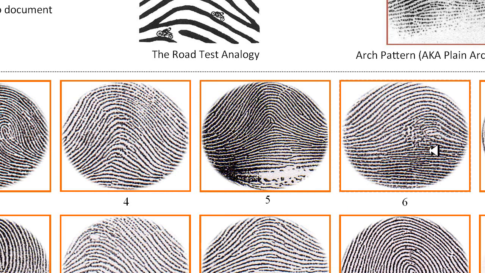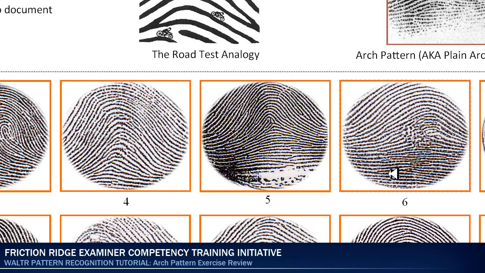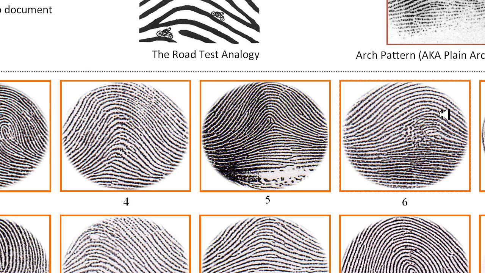Now let's draw attention to 6, and the ridges appear to rise in the center and return. There is some disrupted ridges here, but that doesn't really change the flow of the ridges. In looking at 4, 5, and 6, 4 would be an arch, 6 would be an arch, and 5 would have this formation right here, which would disqualify it as being a plain arch pattern.